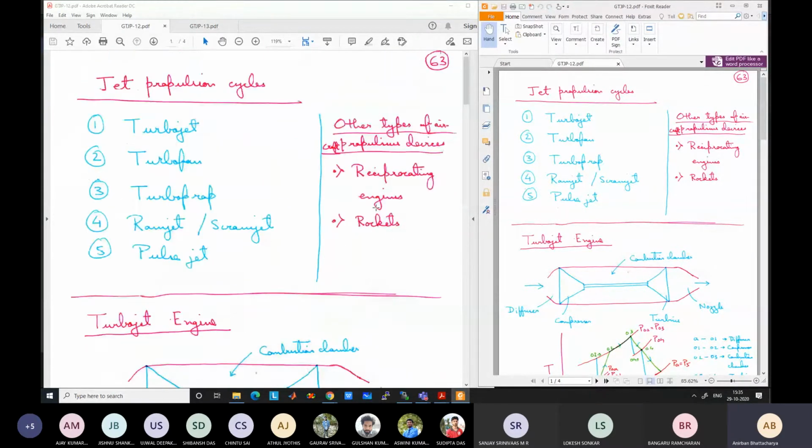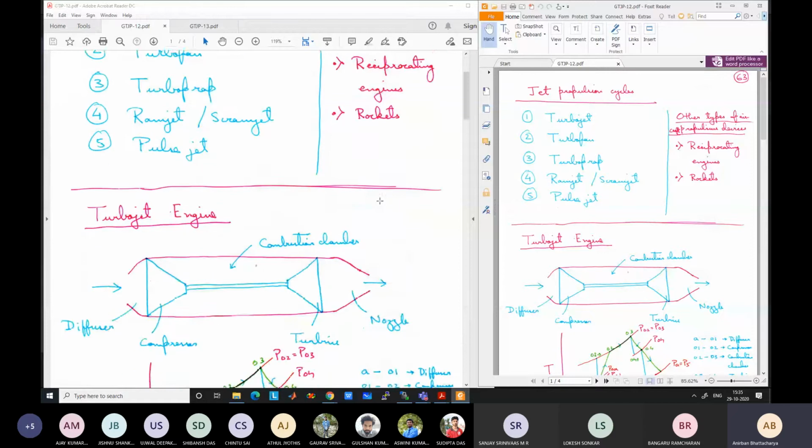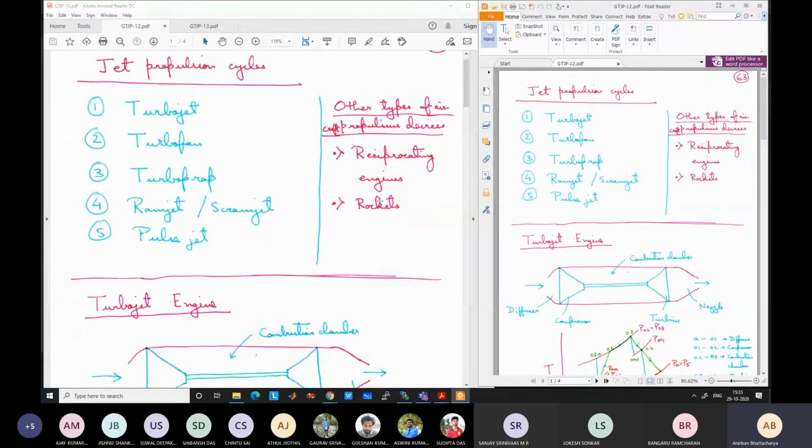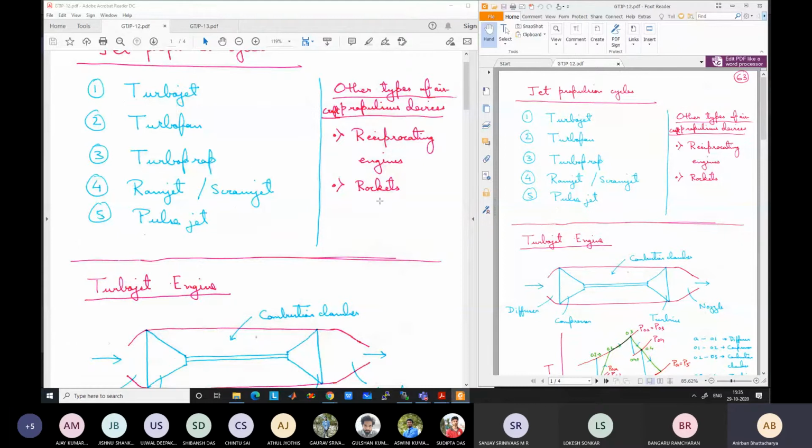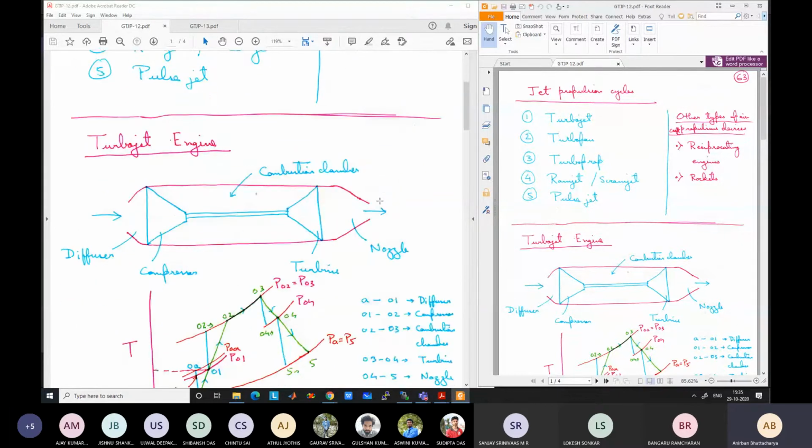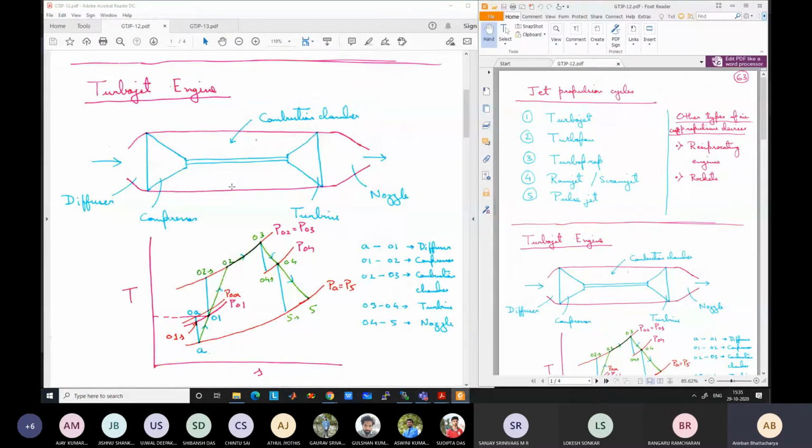So we had started discussing about jet engines in the previous class, right? And the first type of jet engines that we are going to cover is the turbojet engine. Okay, so I hope you can see the diagram. In the turbojet we have discussed what are the main parts. Apart from industrial gas turbines where you have compressor, combustion chamber and turbine, here we also have the diffuser and the nozzle.